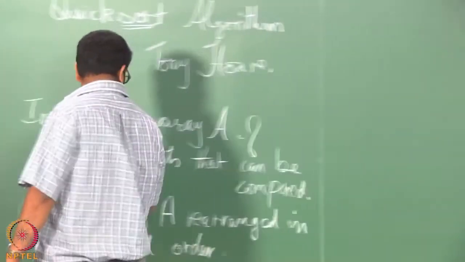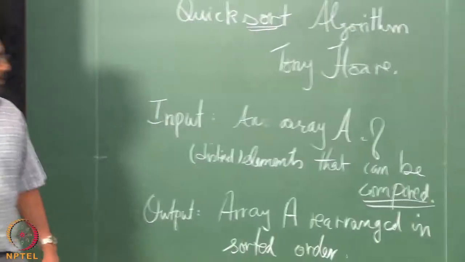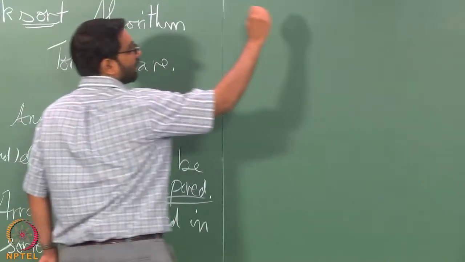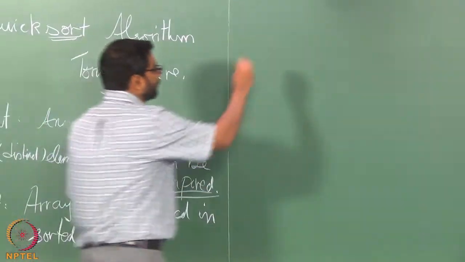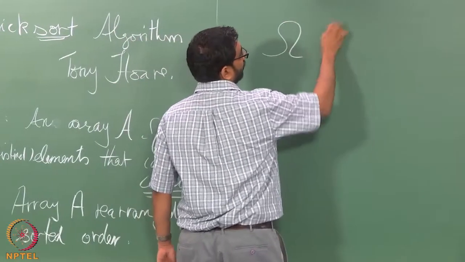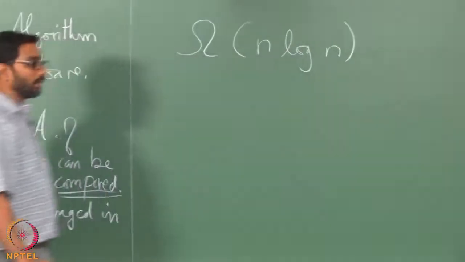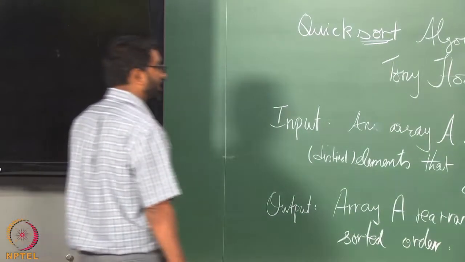We are focusing on comparison based sorting, so a fundamental bound that we have to respect is that the worst case of any sorting algorithm is going to require n log n time, where n is the number of elements.